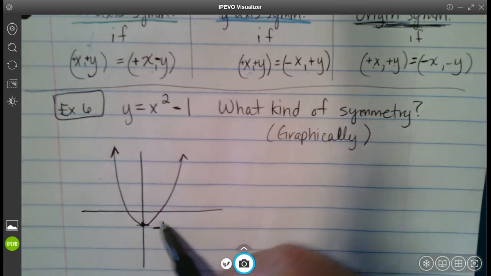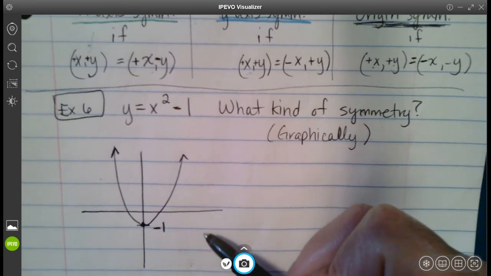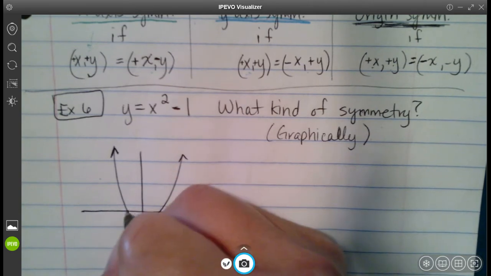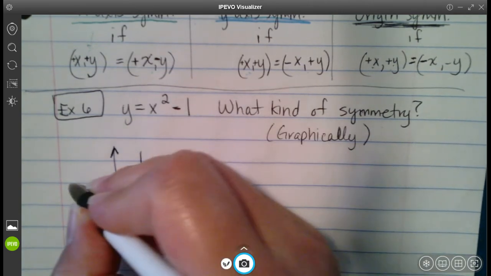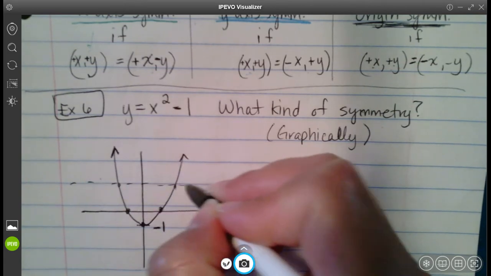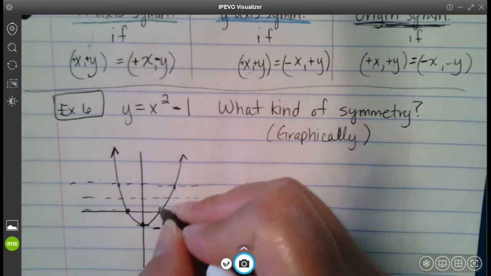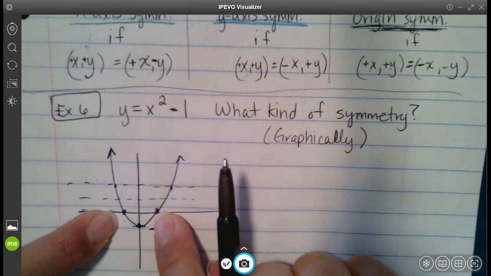You're going to have to trust me on this. If we wanted a better sketch, we would make a table just like we've been doing in the previous examples or videos. But the graph does look like this, and it mirrors the points on every side. So in other words, every y value is going to be the same for positive x and negative x here.